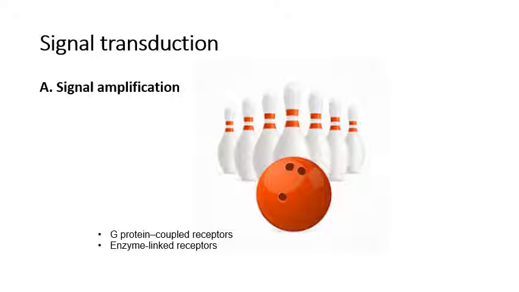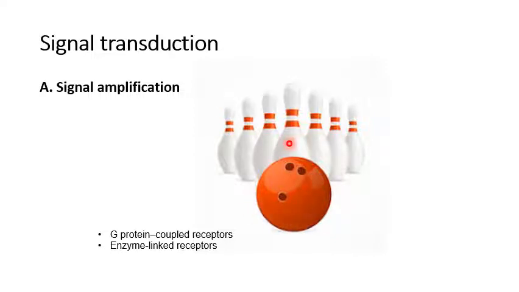In these processes, let's assume this ball is an agonist that hits the receptor in the first place, and this will activate a subsequent cascade of events that produce multiple pharmacological and biological effects. This is called signal amplification.